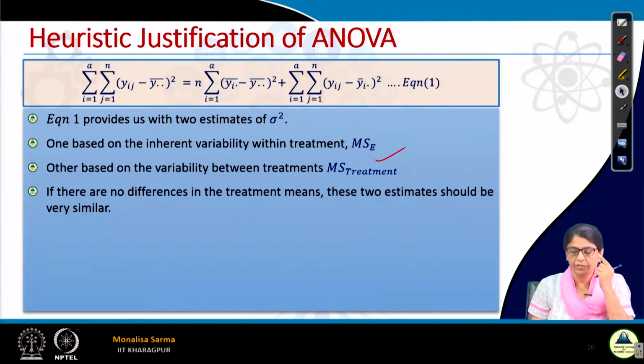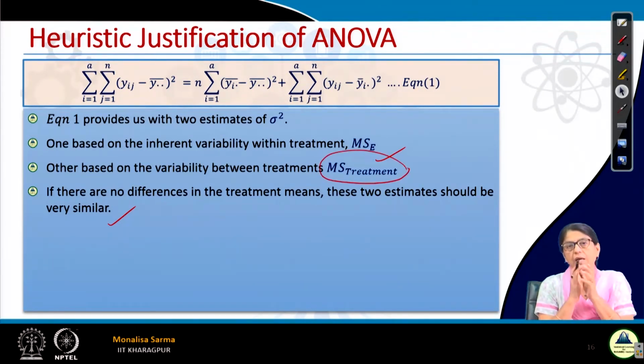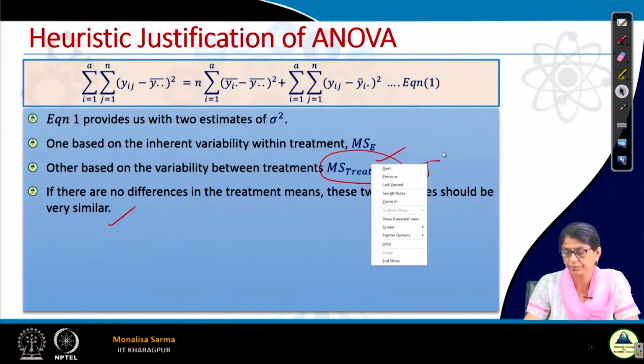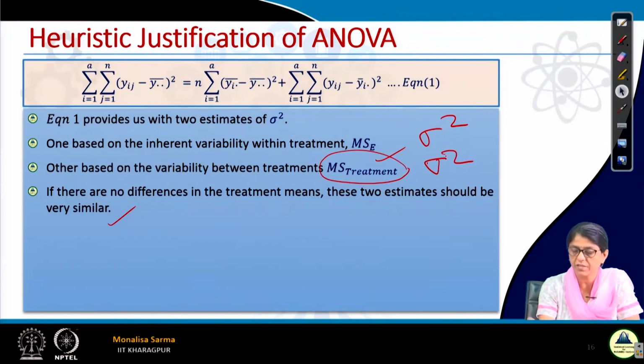So if there is no difference in the treatment means, these two estimates should be very similar. My second estimate, I have assumed, is also an estimate of sigma square.